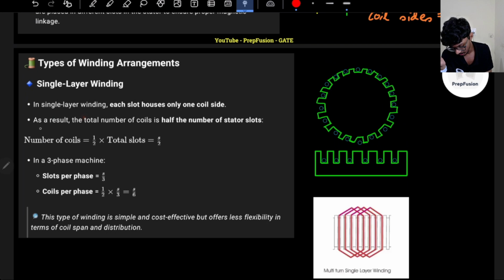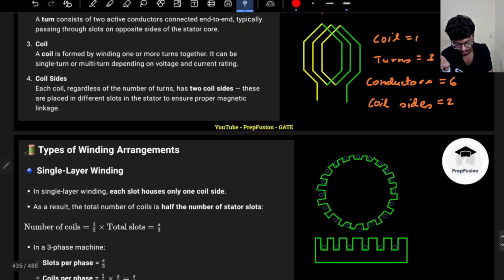As a result, in single layer winding the total number of coils is half the number of stator slots. Why is it half? Because each slot houses only one coil side, so I am able to house only half a coil in a slot. What do I mean?